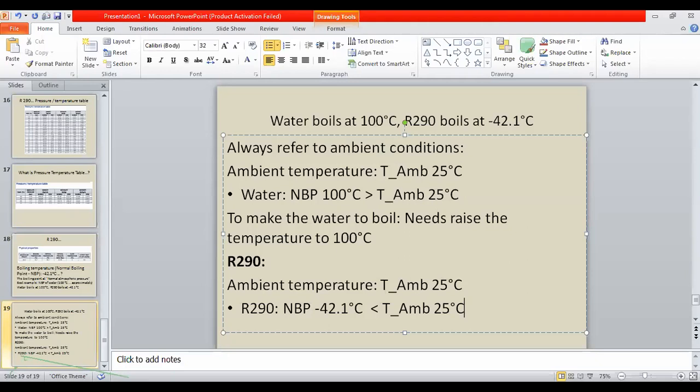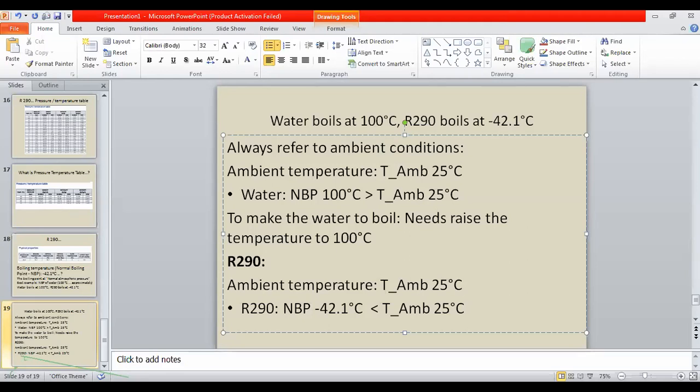R290, ambient is 25. At 25, to boil the R290 refrigerant, you have to have the temperature minus 42. At minus 42, R290 boils.